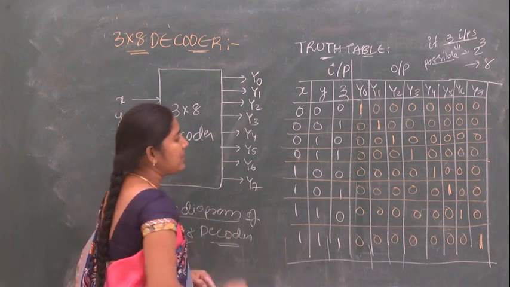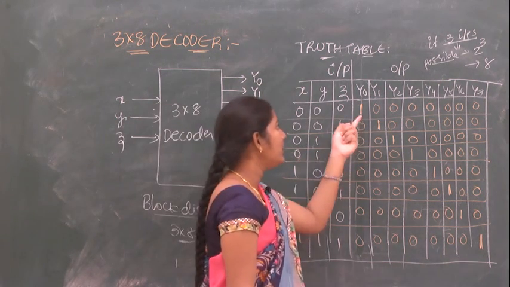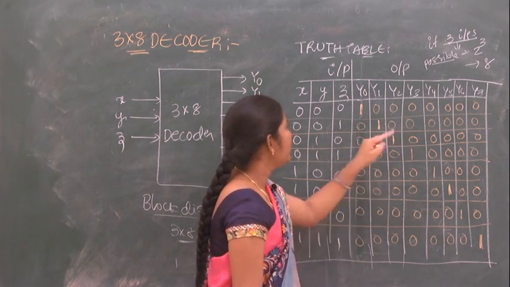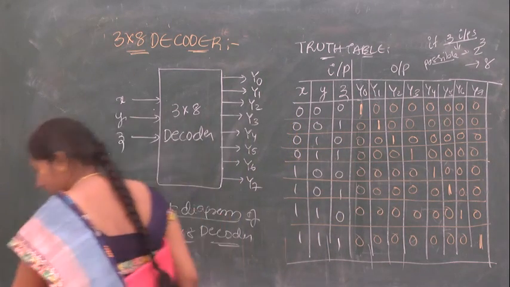Now our truth table is over. So once the truth table is over, then we can find the logic expression for each output from this truth table.